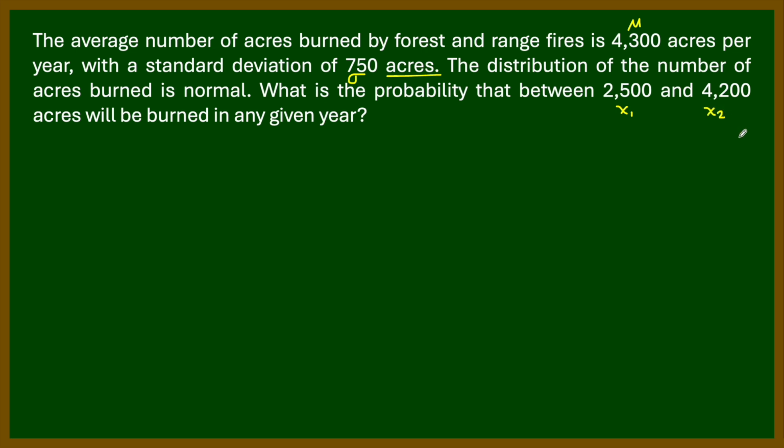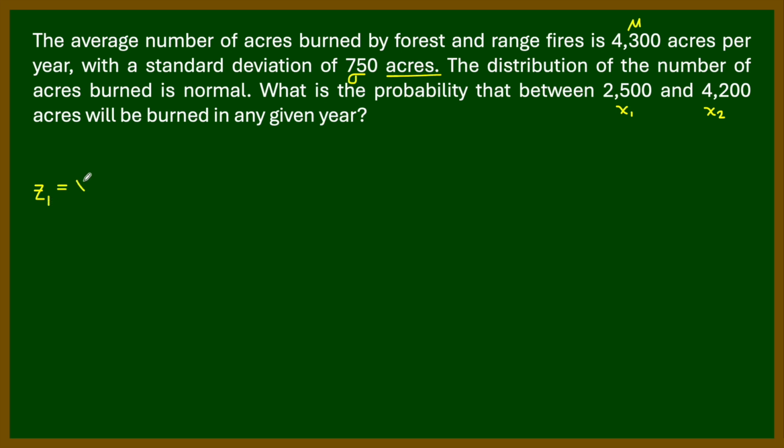x sub 2. Now, as a solution, since the given data is in terms of x, we have to convert this into z-score, or standard score. So the formula is z, and we will denote this as z sub 1 for the first z.